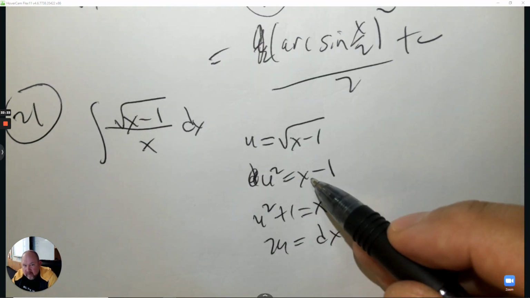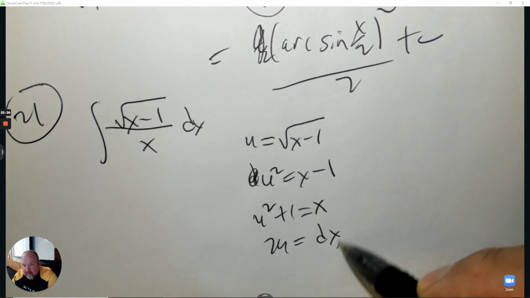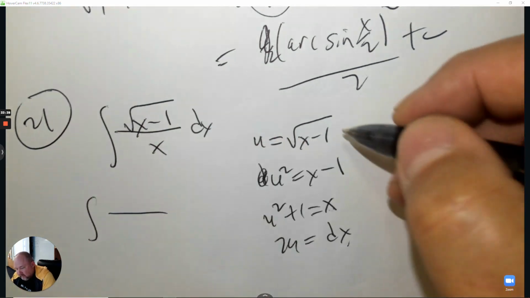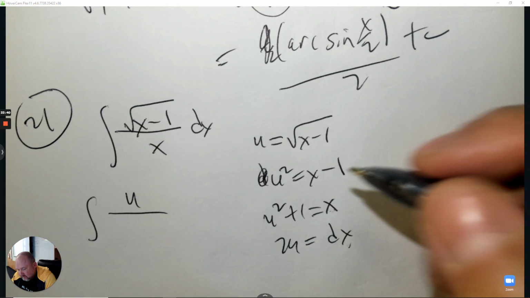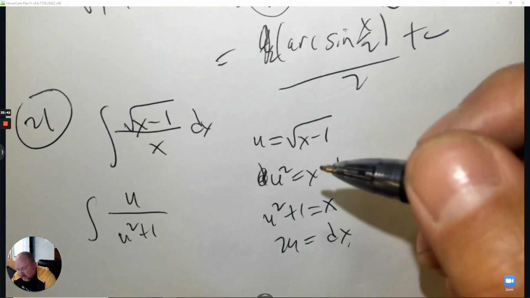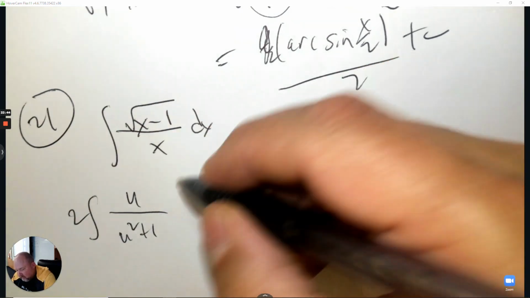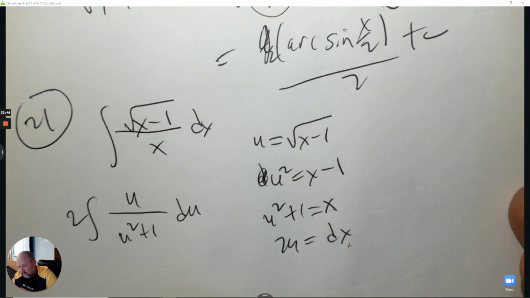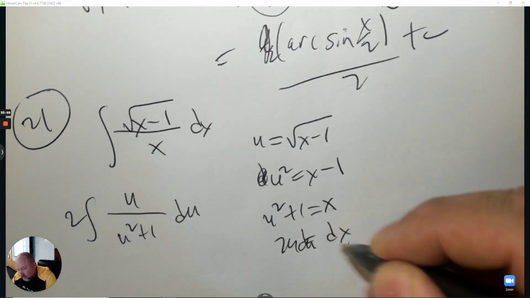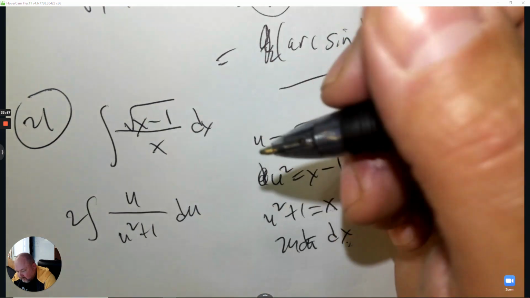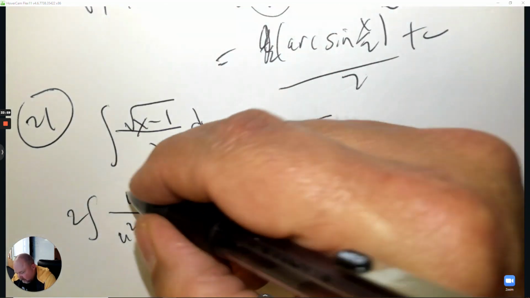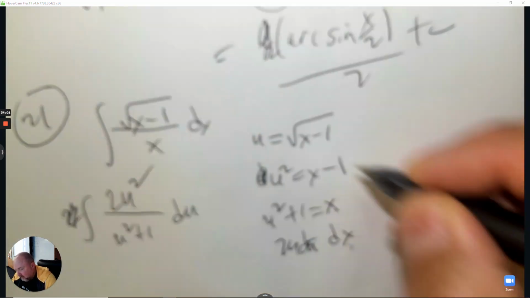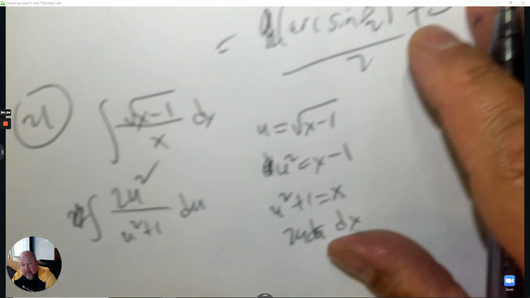So we're going to actually square and then get x by itself and then that. And then we're going to go back in here. So it says u over u squared plus 1. Dx is 2 du. Oh, it's 2u du. So this ends up being 2u squared du.